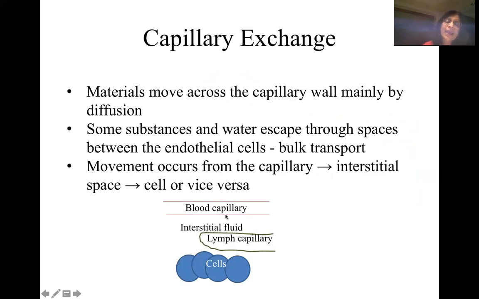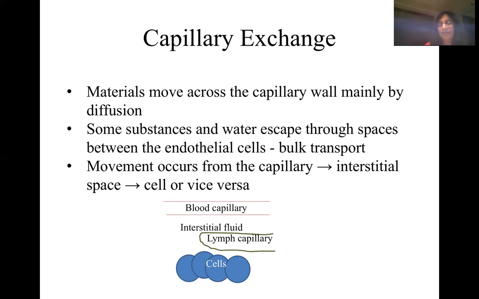Now, what happens is excess fluid that remains outside of the blood capillary eventually makes its way into the lymph capillary. And this lymph capillary eventually becomes lymphatic vein and major lymphatic veins, ultimately releasing this fluid into the vascular system.